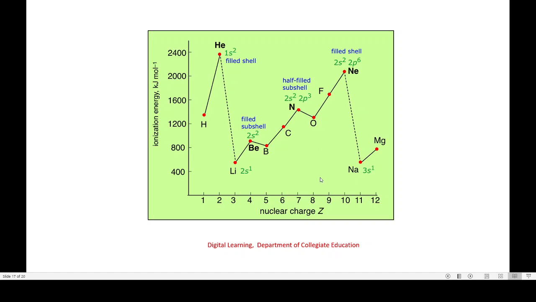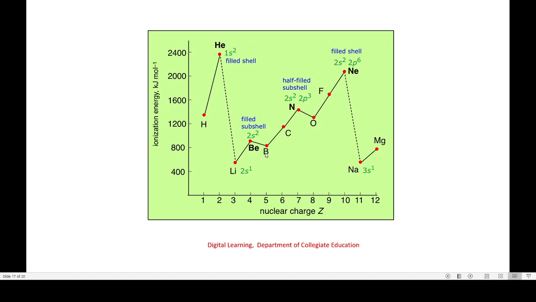When we compare the electronic configuration of beryllium and nitrogen, they have slightly higher ionization energy because of a completely filled subshell, that is the s subshell in the case of beryllium, and a half-filled p orbital in the case of nitrogen. The electronic configuration of boron is 1s2 2s2 2p1.